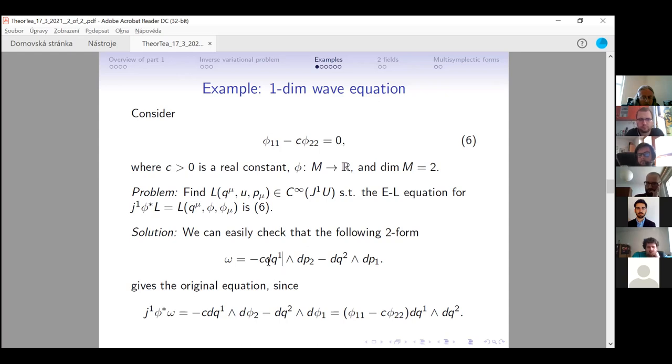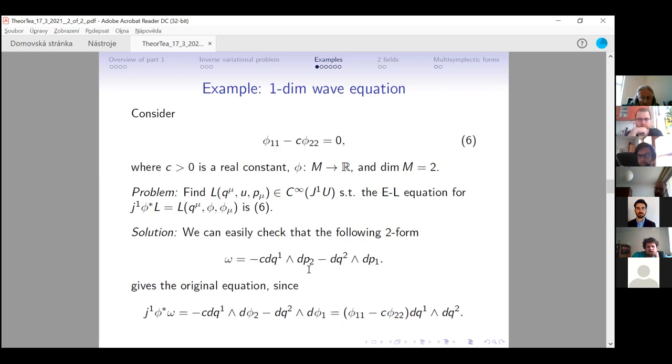If I consider the pullback of the first term, minus C dq1 wedge dp2, I can distribute over the wedge, and essentially I'm pulling down dp2. Because d commutes with the pullback, I'm computing d of the pullback of p2.